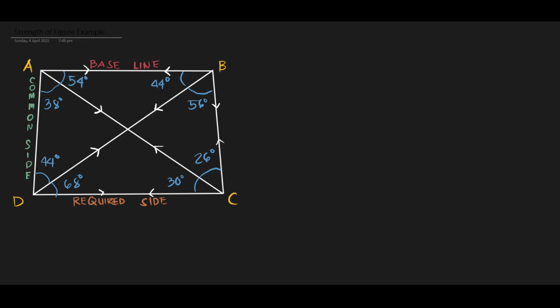So you will use that for computing the length of your required side. So for this example, in computing for the strength of figure, the baseline length will not be required.